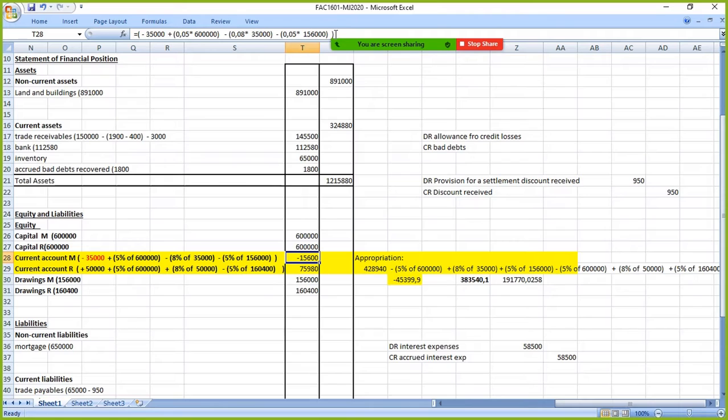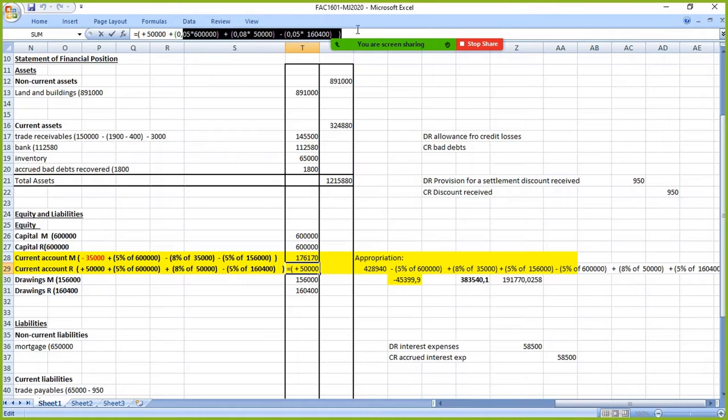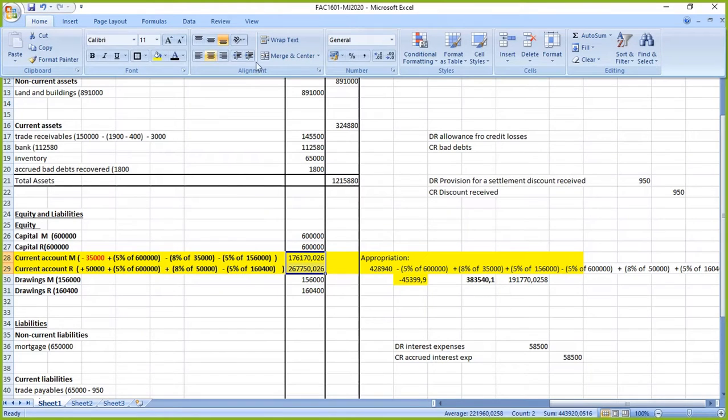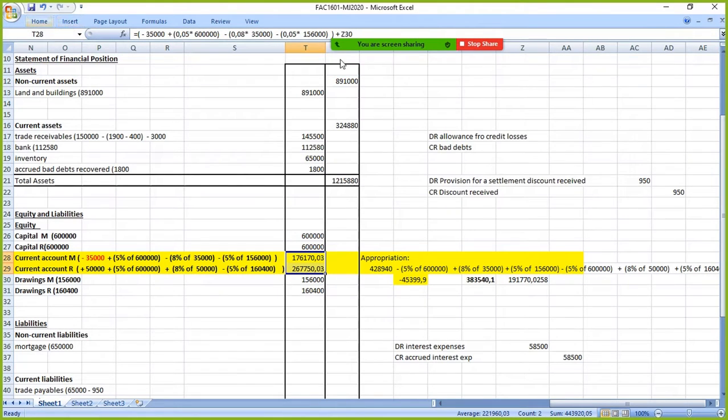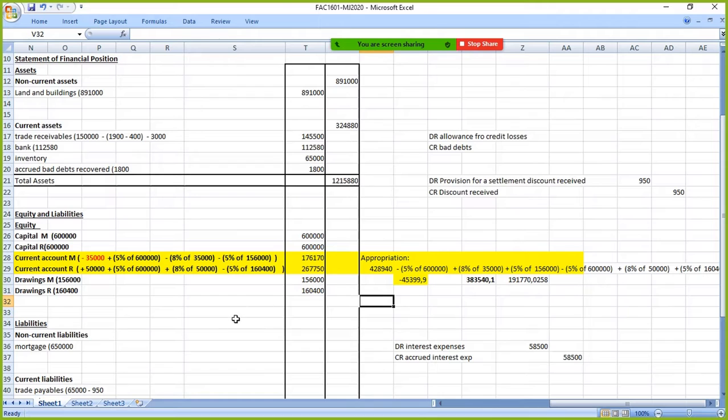So plus that figure. Okay, I'm going to round it off. Okay, so I've done that.